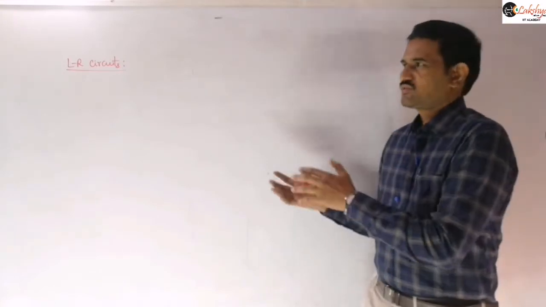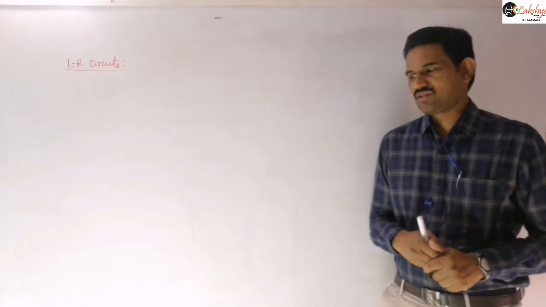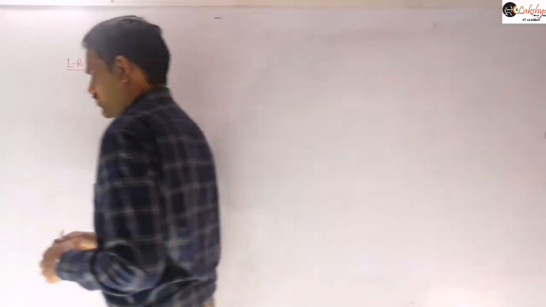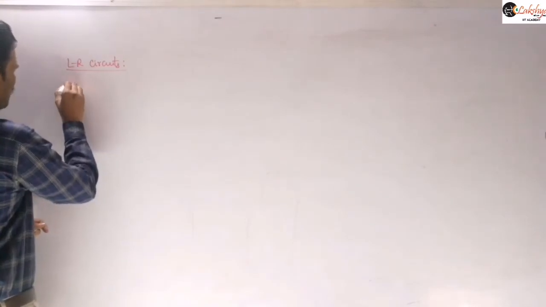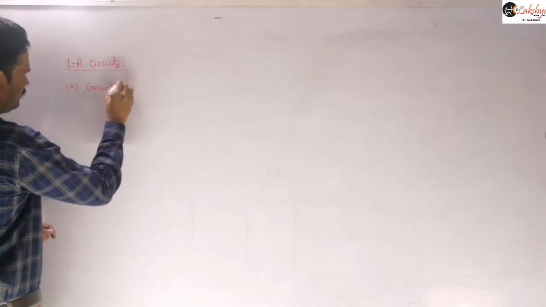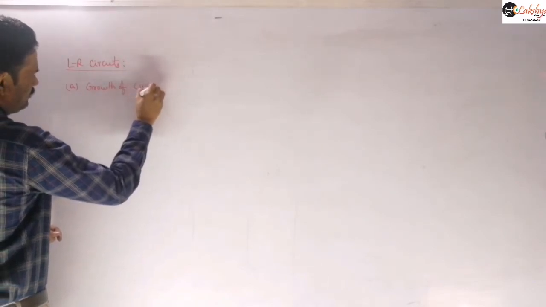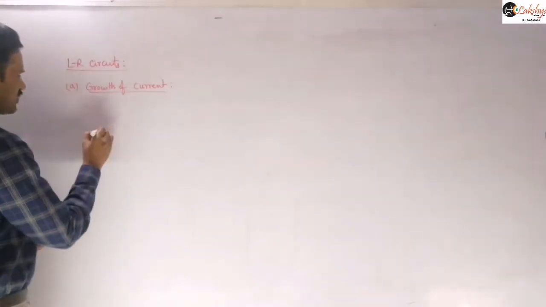Now these LR circuits are similar to that. Again two cases will be there, growth of current and decay of current. So first I am taking the growth of current.